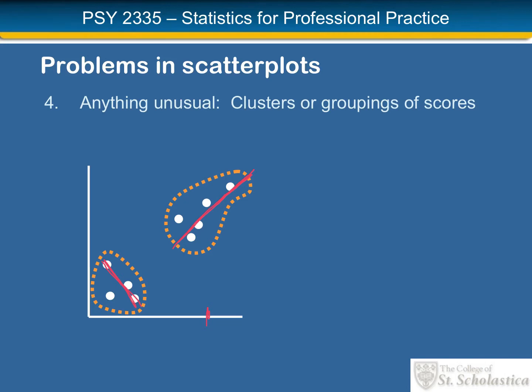And yet if we saw these as a single sample rather than as two different groups, we would probably get a correlation coefficient that would plot along a positive line and would completely erase the fact that the data seem to be in two clusters. So this sort of thing, when we see it in the plot, also lets us know that we probably should not just compute the correlation coefficient and go on.